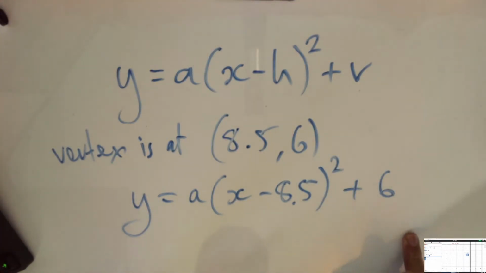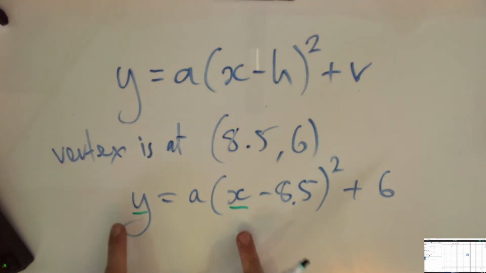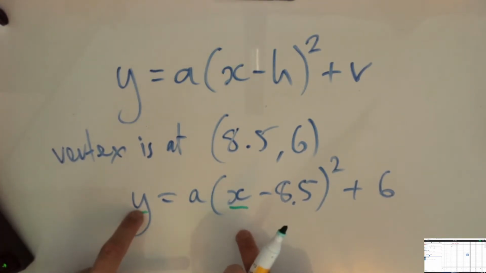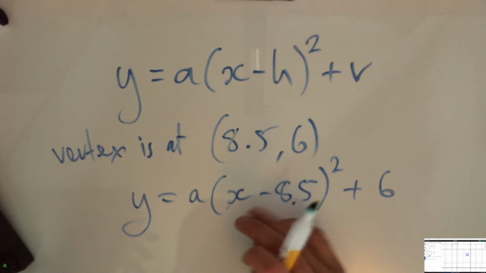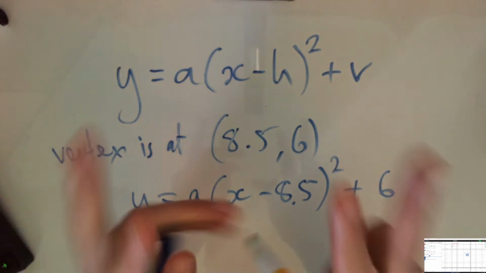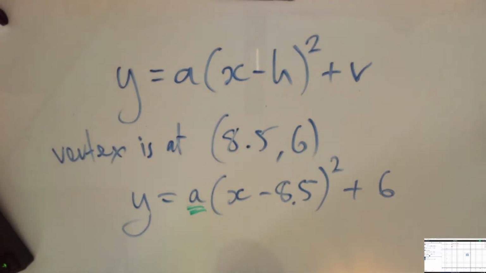So now this is what we have, and you'll notice that we now only have one unknown. These here, you might say that they're unknown, but actually they are variables. You need to have an x and a y inside your graph so that it can build a picture on the plane that we draw everything on. So these remain as variables. They're not unknowns. This here is our unknown, this a.